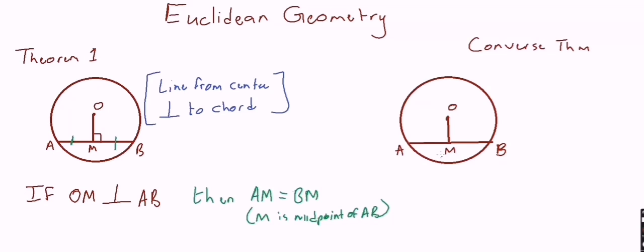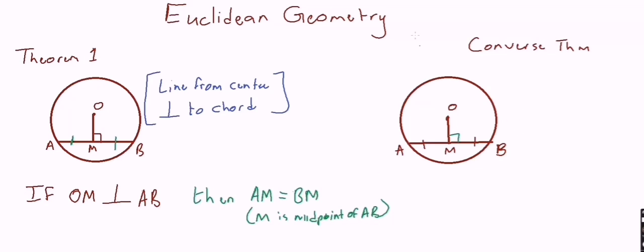Now, what we are given is that the chord is already bisected. If M is the midpoint of AB, so if the line from center goes to the midpoint of AB, then, remember the then is going to be green, then the line from center to midpoint of chord will be perpendicular to the chord.